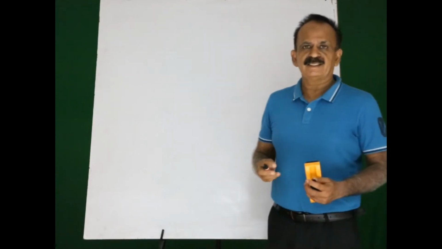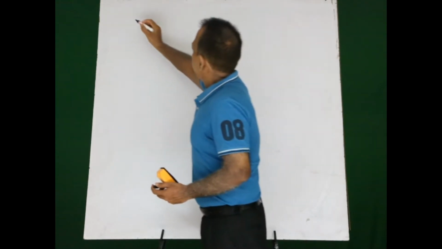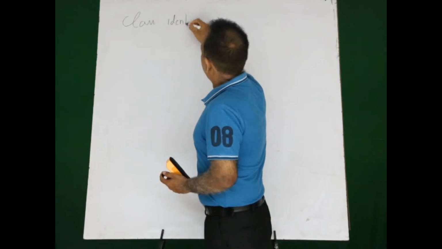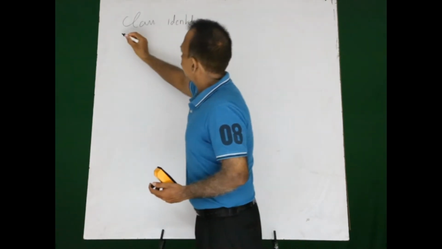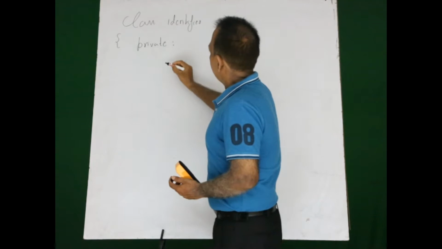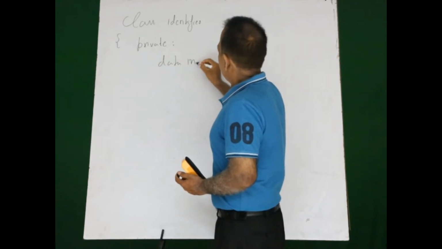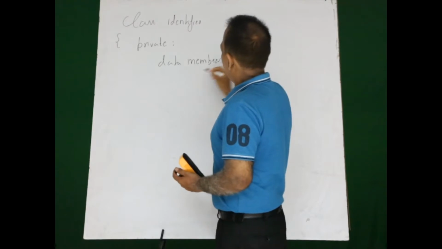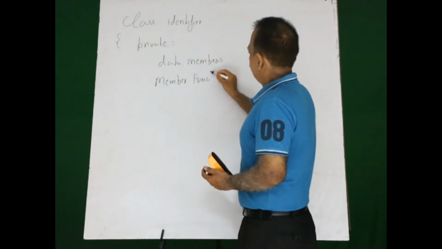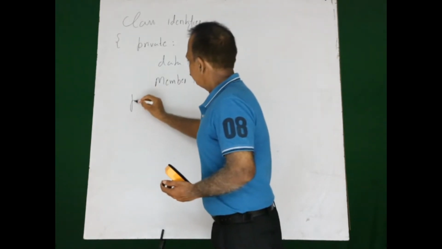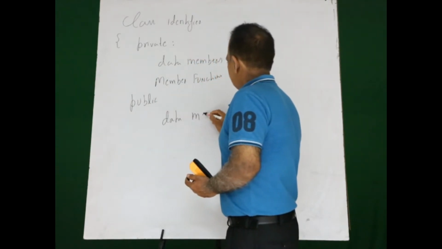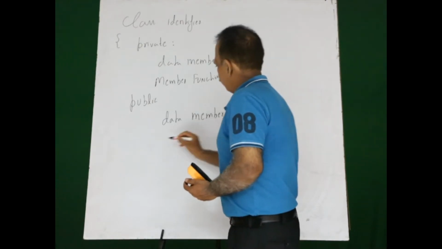We understand that the class is defined basically as the word class, then an identifier, then braces, private, colon, data members, member functions, public, data members, and member functions.